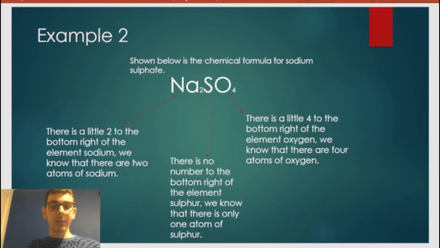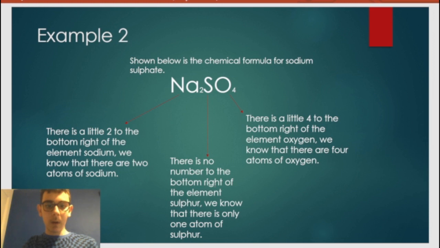Example 2. It's a bit harder now. We've got numbers to the bottom right of some of these elements. So shown below is a chemical formula for sodium sulfate, Na2SO4. So there's a little 2 here to the bottom right of the element sodium. So we know that there are 2 atoms of sodium here. There is no number here to the bottom right of sulfur.